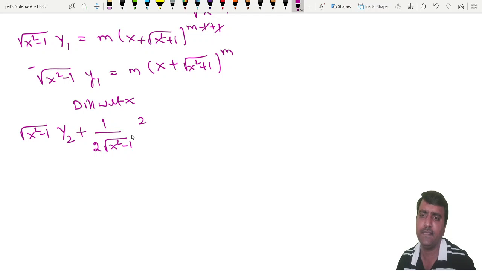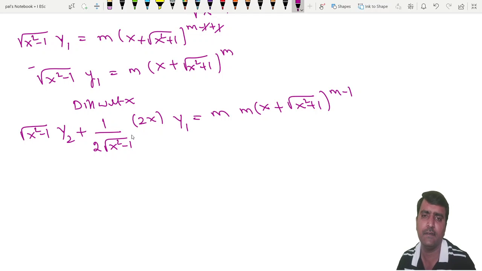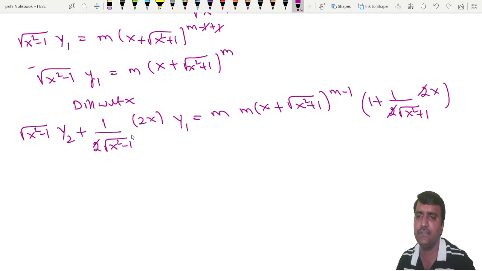Again differentiation of x square minus 1 is 2x into y1 is equal to m into, its differentiation, first the power differentiation, m into x plus root of x square minus 1 to the power m minus 1. Again differentiation of this is 1 plus 1 by 2 root of x square minus 1. Again differentiation of x square minus 1 is 2x. So this 2 and 2 cancels, and here also this 2 and 2 cancels.